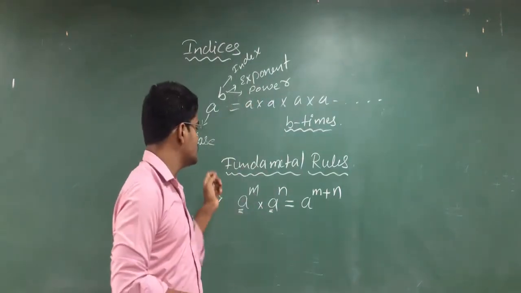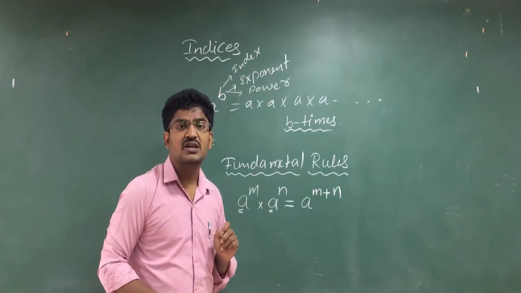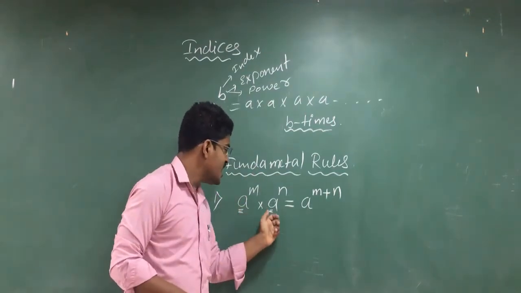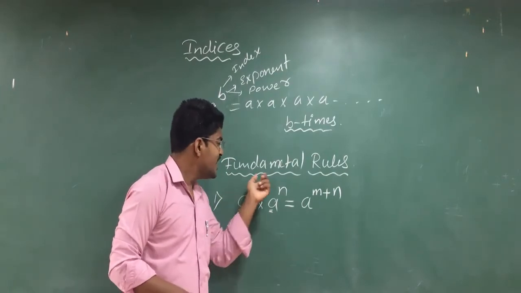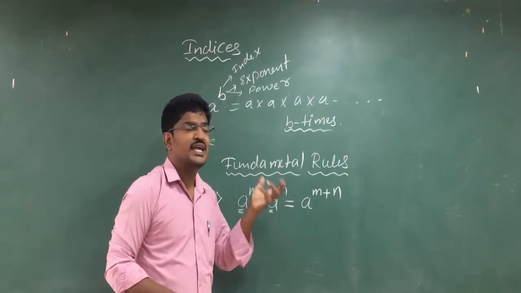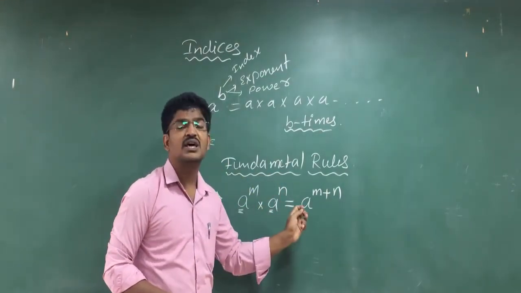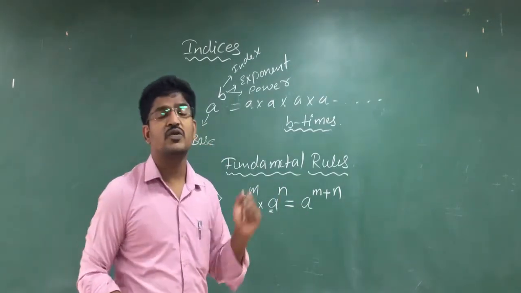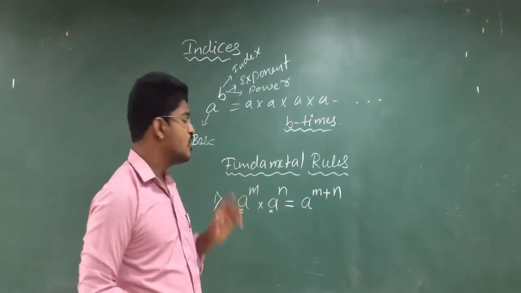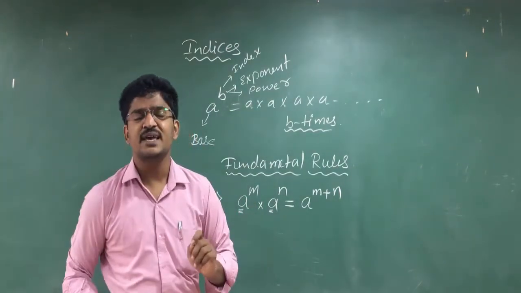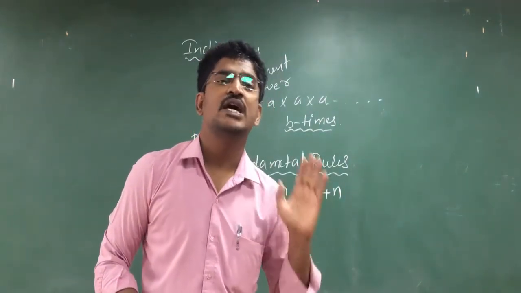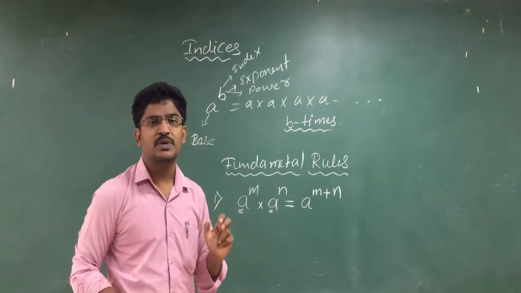Clear? So the bases are the same, and m and n are positive numbers or integers. Then we can call it a to the power of m plus n. Clear? One thing most important, the base has to be the same. Then only you can do it as a to the power of m plus n.